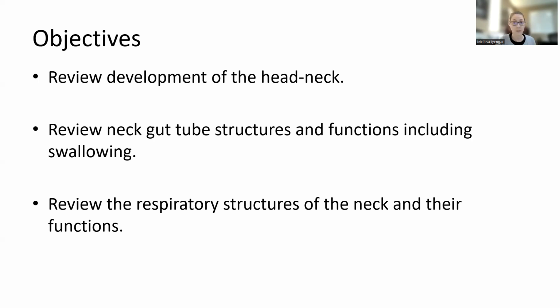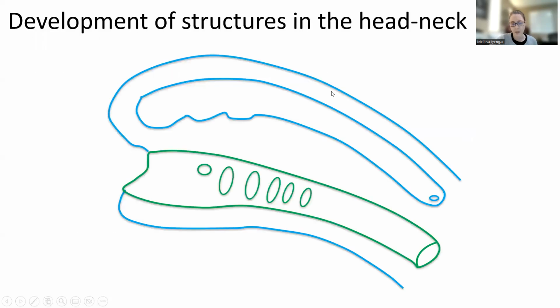I didn't put blood vessels on here because I did those blood vessels for the brain, so you can go look at those blood vessels in the neck so you understand those. I'm not going to go over too much development. So that last part will be what are the respiratory structures in the neck here? And hopefully that'll bring everything together, especially with the muscles of the neck for swallowing.